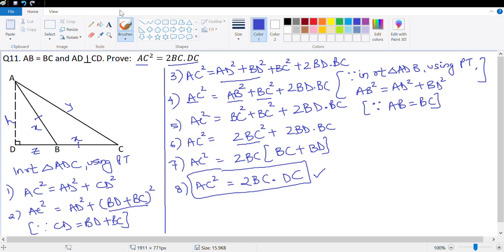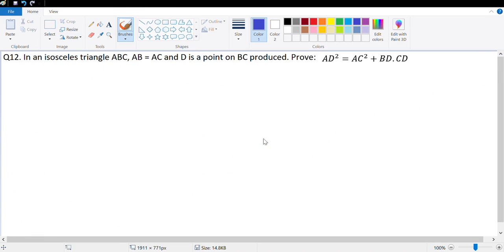Let's look at the next question. The next question that we do is question number 12. So question number 12 says, in an isosceles triangle ABC, AB is equal to AC and D is a point on BC produced. So let's just draw the rough diagram.